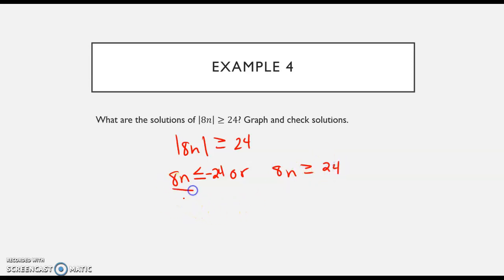And then from here we solve. Divide by 8 for both equations, and n will be less than or equal to negative 3, or n is greater than or equal to positive 3.